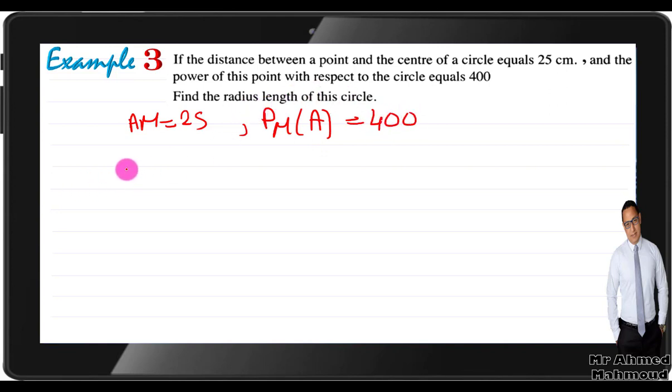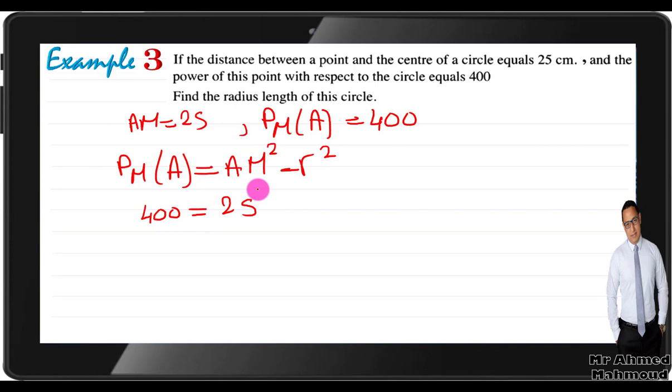Here, this is the rule: P of A equals AM power of 2 minus R power of 2. Now 400 equals 25 power of 2 minus R power of 2. Now I'm going to send R to this side and 400 to that side.